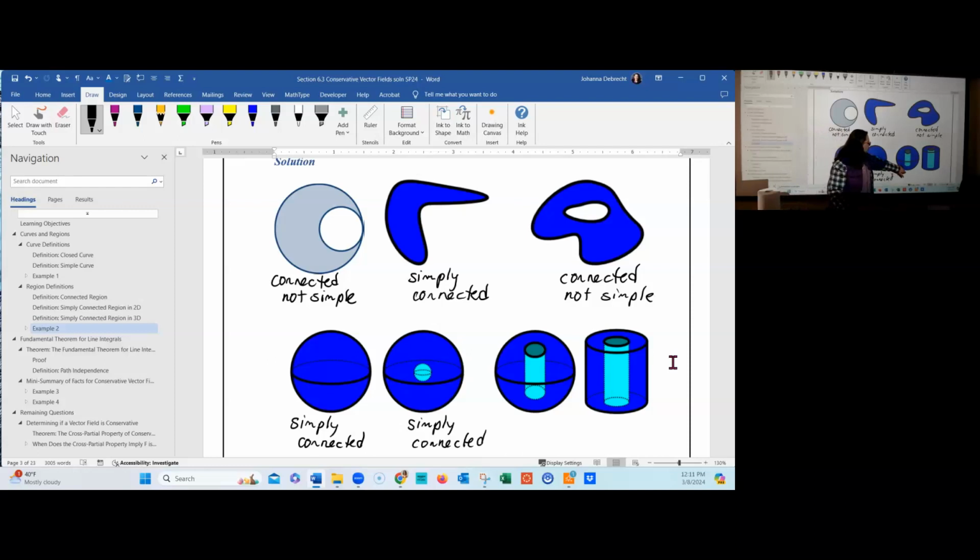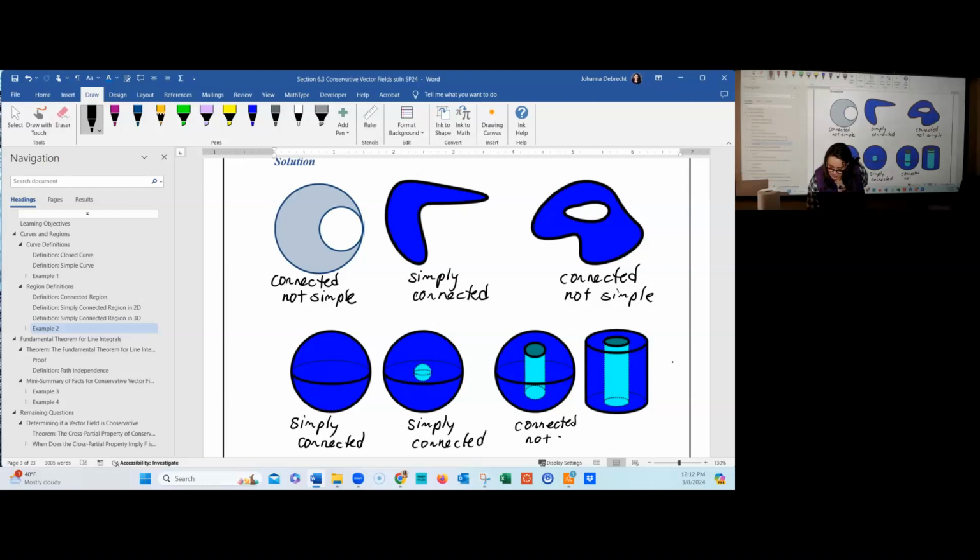I can move around by going this direction or this direction, or around without passing through the hole. So I can get from one point to another by staying within the dark blue, but I cannot cinch down the loop to a point without crossing through that tunnel. That makes this one connected, but not simple.